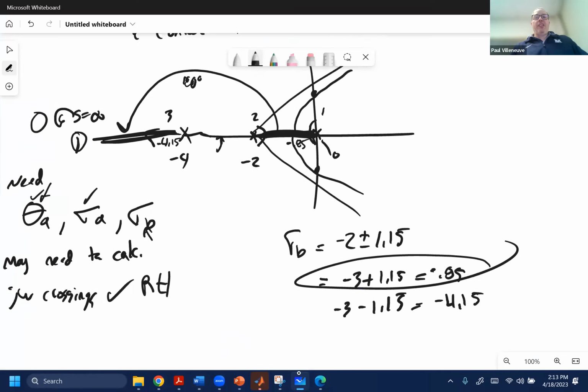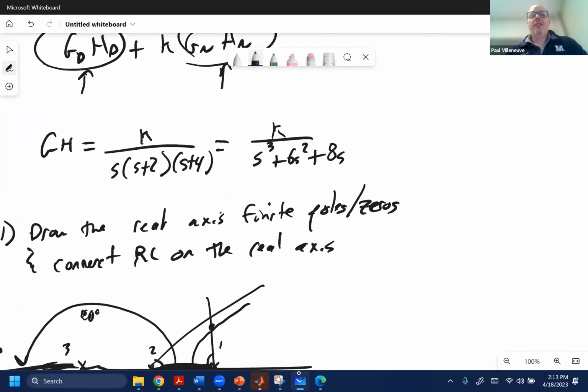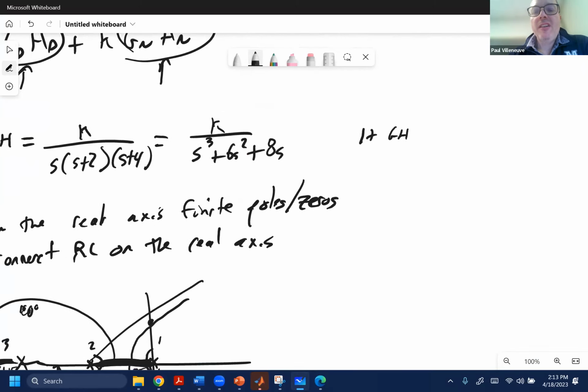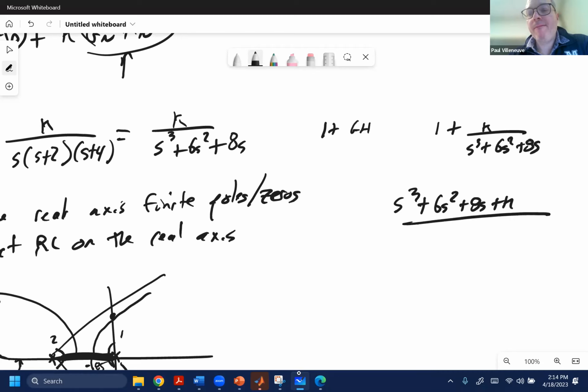So Routh-Hurwitz says do the characteristic equation for this, right? So I need 1 plus GH, which is equal to 1 plus K over s cubed plus 6s squared plus 8s. Put that under a common denominator. I don't care about the denominator here because I know I'm going to invert it and multiply.